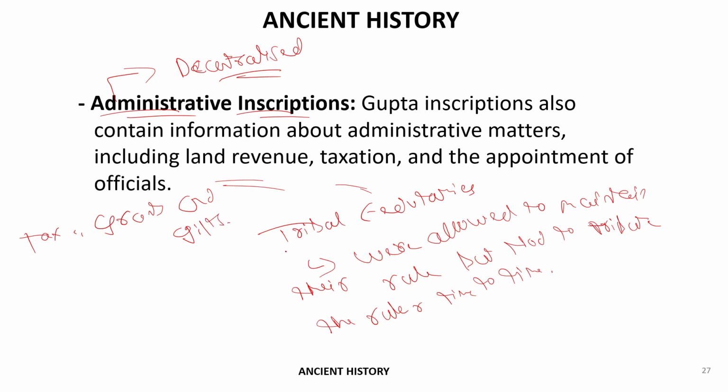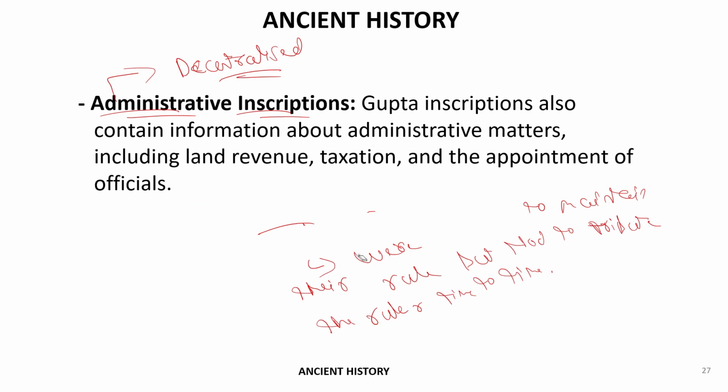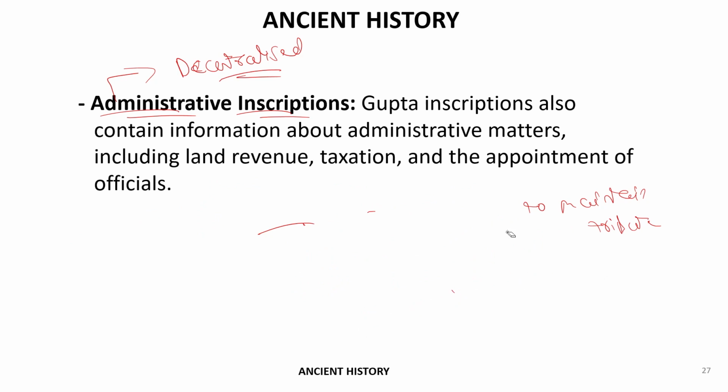Second thing is their land revenue. First of all, we should cover the division of land. Basically, the Gupta Empire had a practice of dividing whatever land they had into some categories.